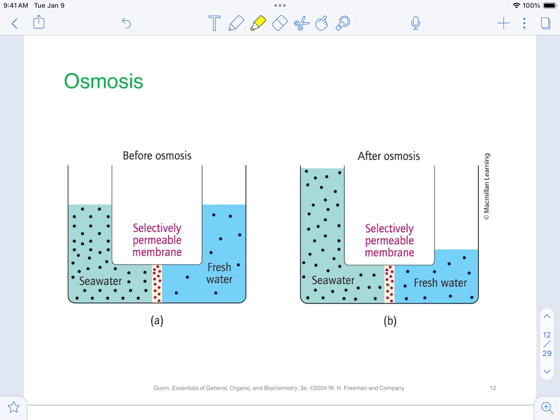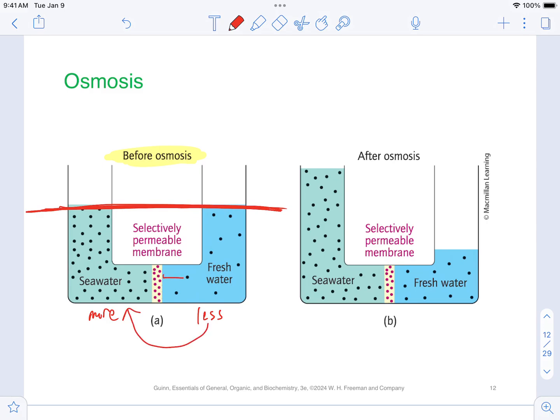So let's look at this diagram here. On the left, we have before osmosis. And we can see that the volume of them straight across is the same, right? Same level. But notice your little black dots here, those are your solute particles. The seawater has a lot more of those solute particles. The freshwater only has a couple there. So what's going to happen is that the less concentrated will flow to the more concentrated.